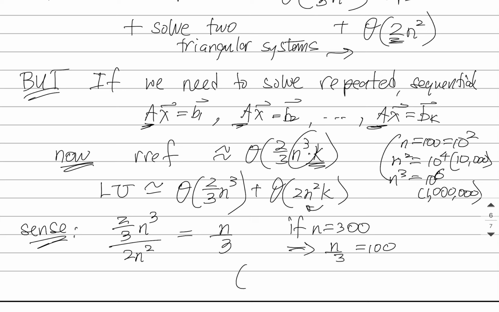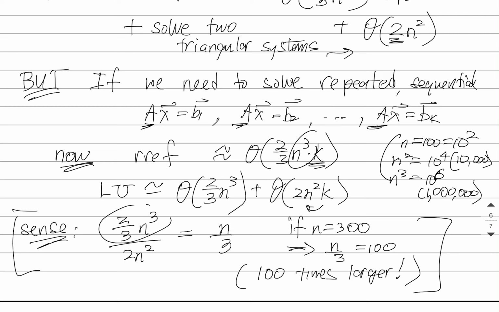So that means it would be 100 times larger. Holy smokes, right? So just to give you a sense of that, one Gaussian elimination, one row reduced echelon form solve is about 100 times more work than just solving a couple of LU solves, the triangular solves. And that's why people do this.